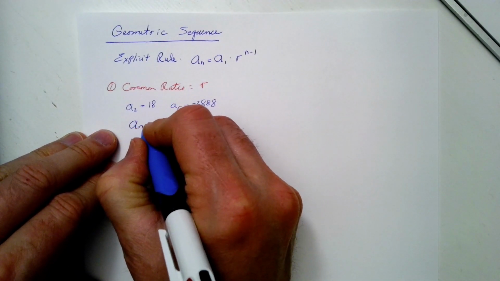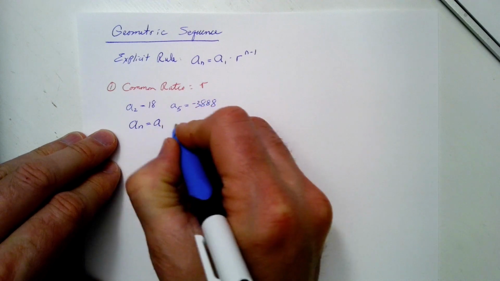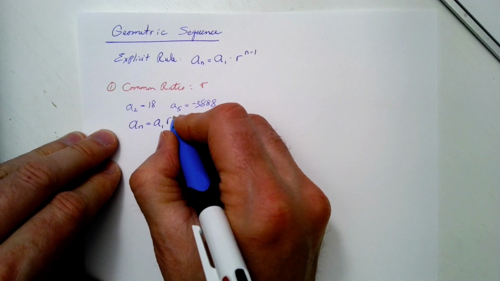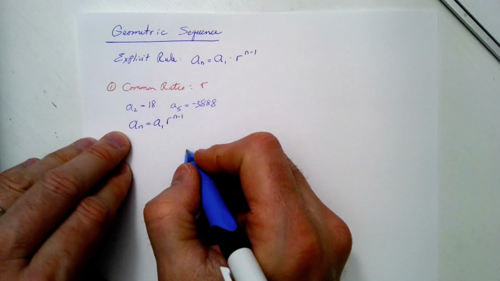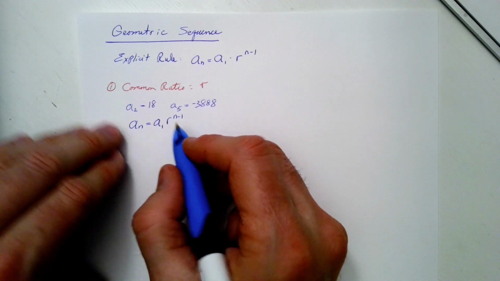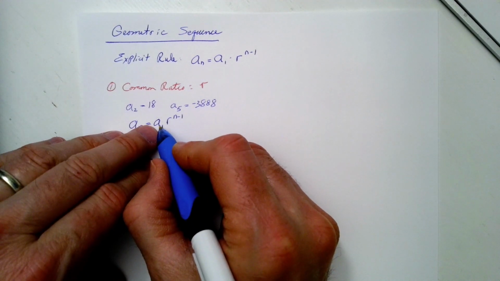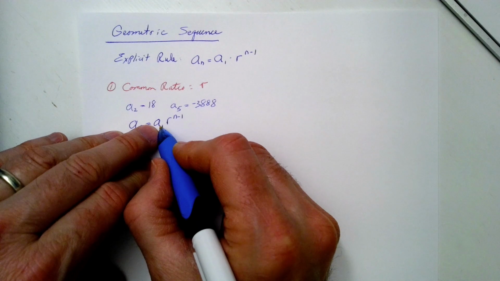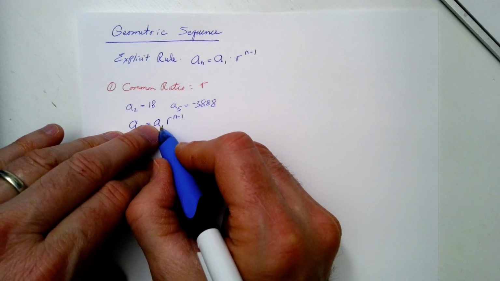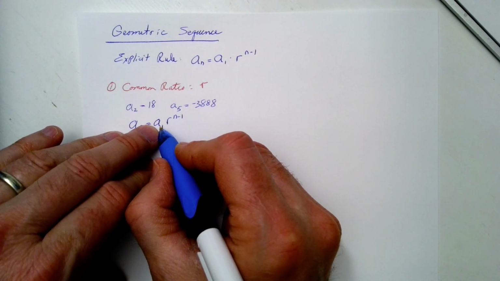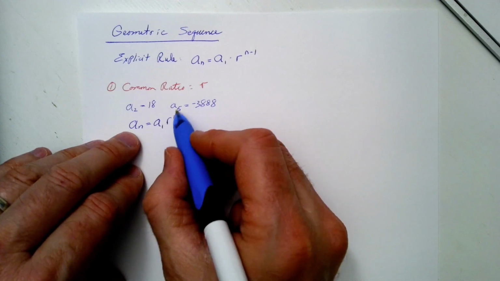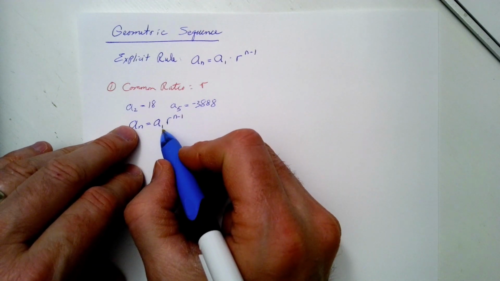We have an equals a1 r to the n minus 1 power. So we could make a2 be the initial here, and then an would be a5.